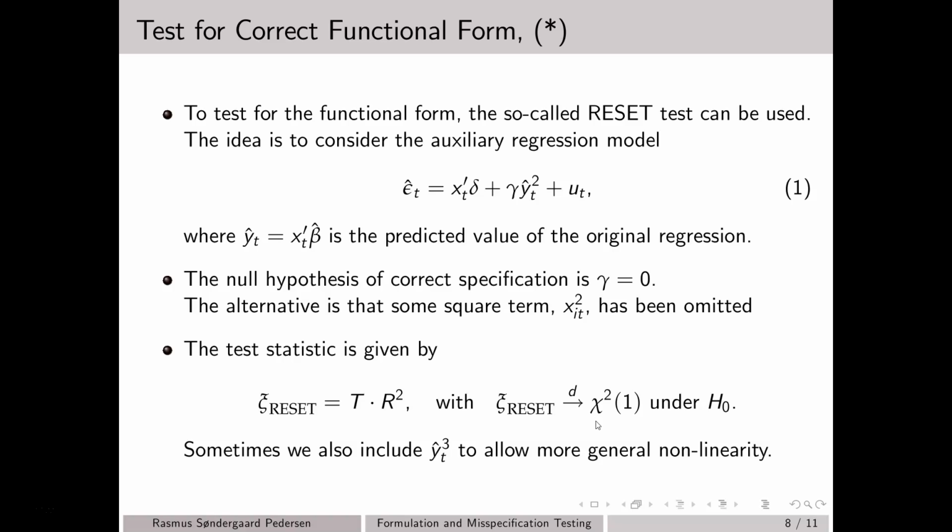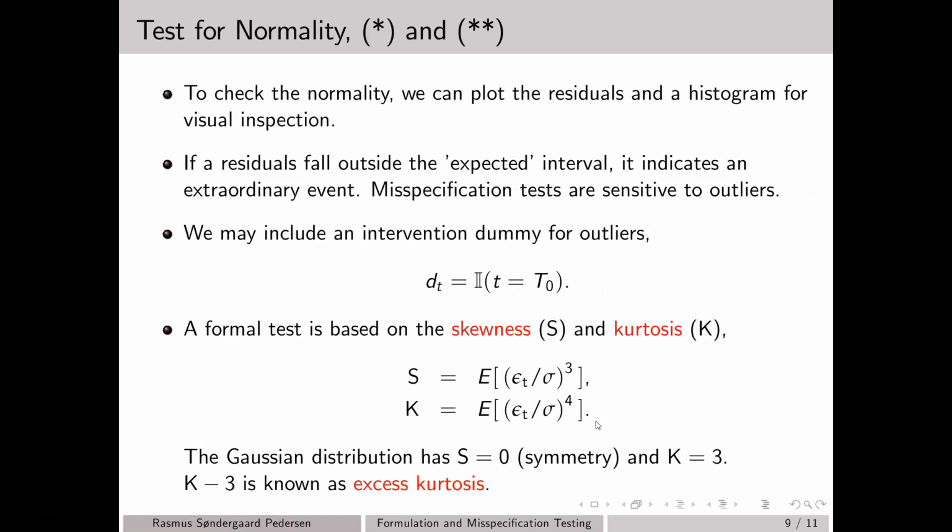Lastly, we may consider a test for normality of the error term. This can be done quite informally by simply plotting the estimated errors, or the residuals, and considering whether this appears to be normally distributed.